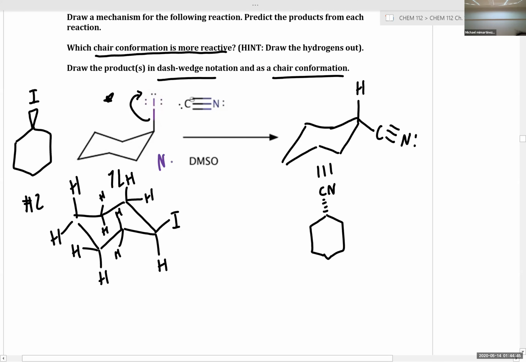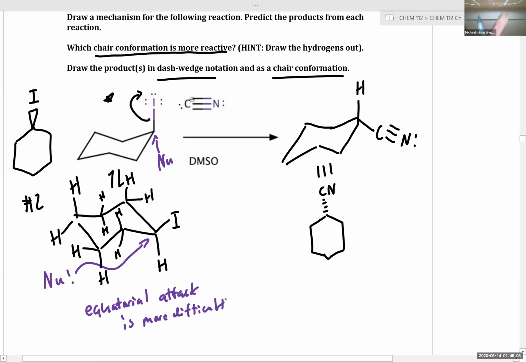So from this discussion, let's just draw what's going on here. Our nucleophile is approaching, and when it's axial, it has a very easy approach. When our nucleophile is approaching at the equatorial position, the equatorial attack is more difficult. Why?